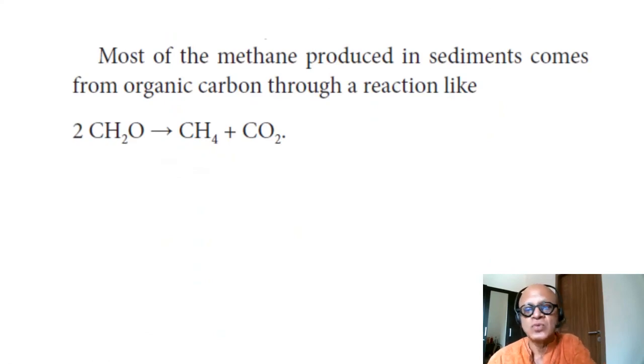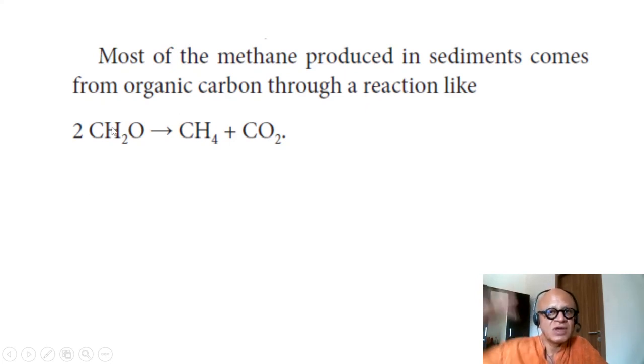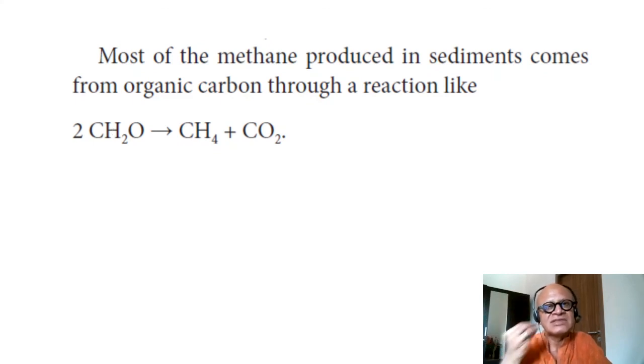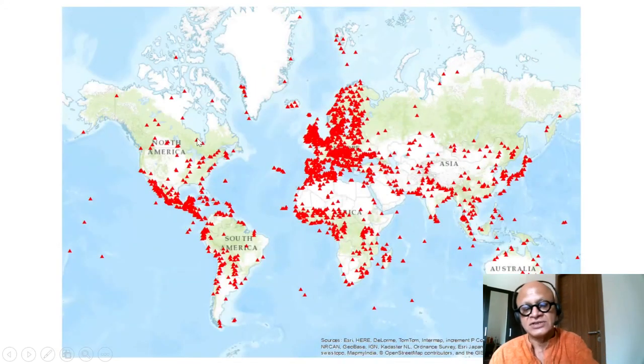Okay, so we will just conclude this by saying that most of the methane produced in sediment comes from organic carbon through a reaction like this. You have the rain of carbohydrates produced by photosynthesis. A tiny fraction of what is produced makes it to the bottom. When it does, in the sediments there are reactions happening, including thermogenic production, which convert this organic carbon into methane and CO2.